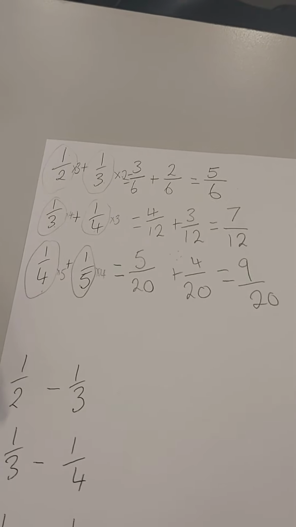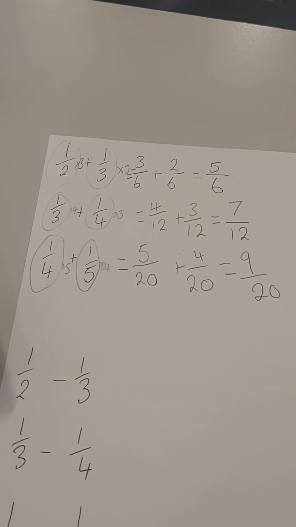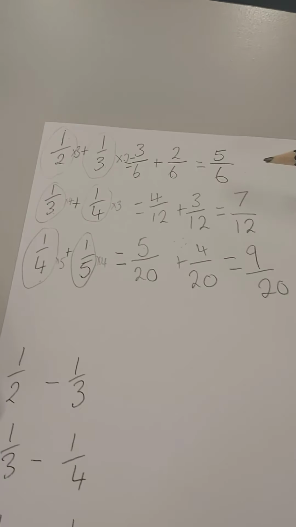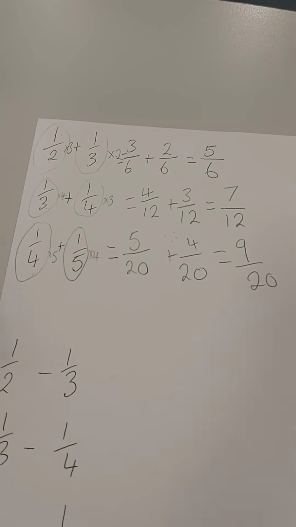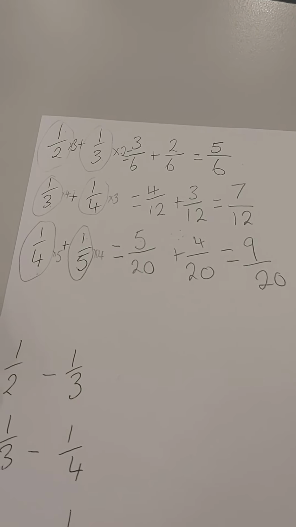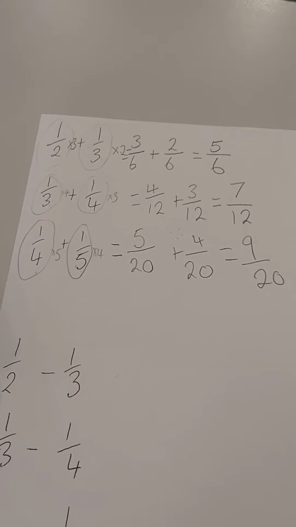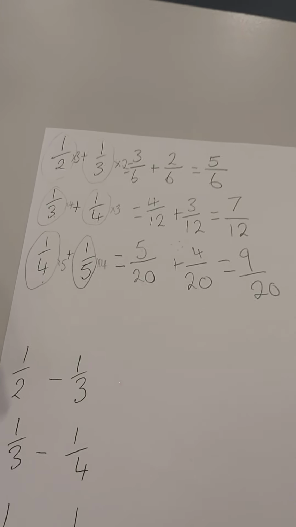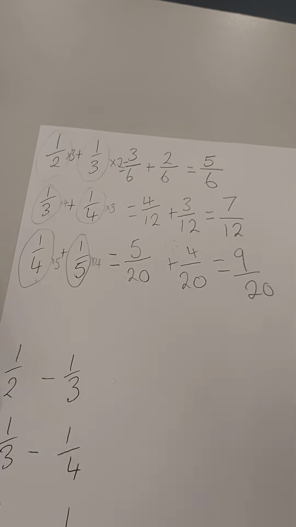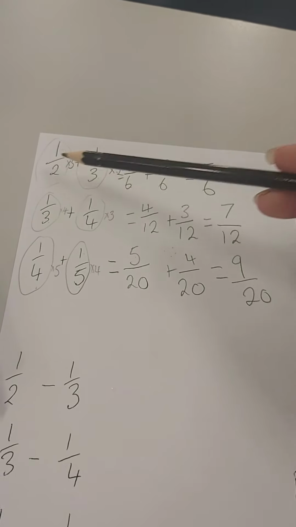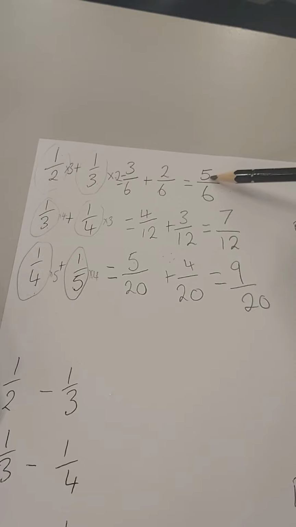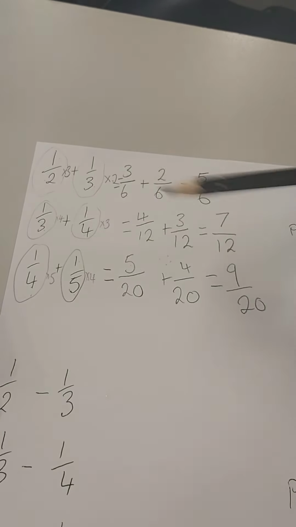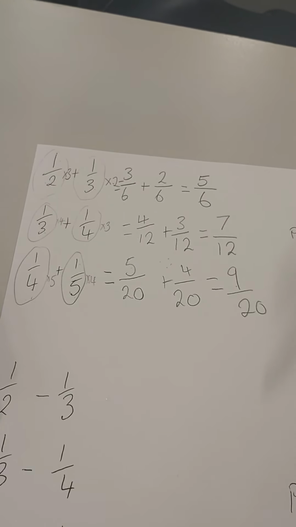Now let's see if we can see a pattern, all right? I'll give you a chance to pause that and have a look and see if you can see the pattern. All right, some of you might have noticed that these two numbers here added together give me this number, and these two numbers here times together give me this number.